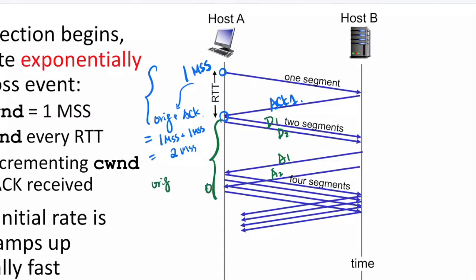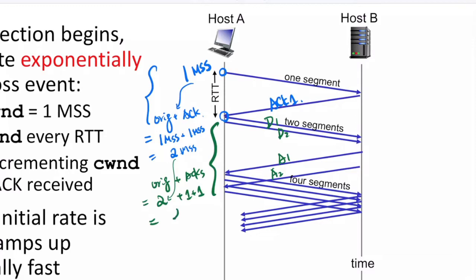Originally, I have 2 MSS, but every time I receive an ACK, I add 1 MSS to the congestion window.